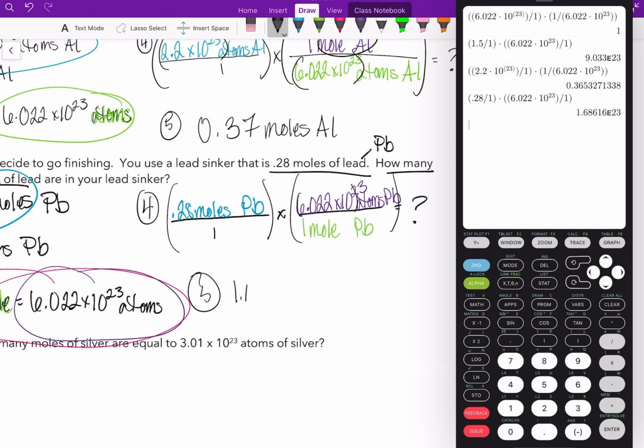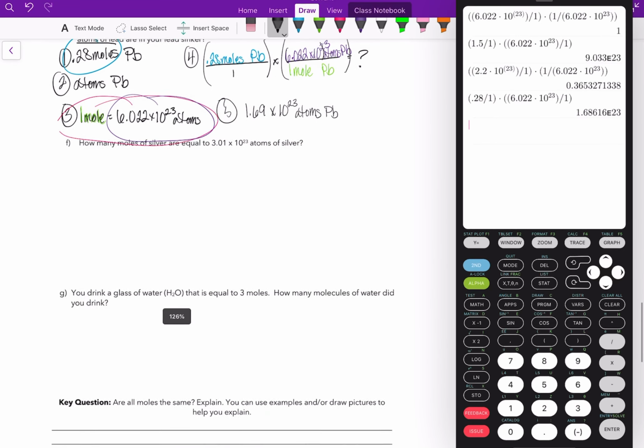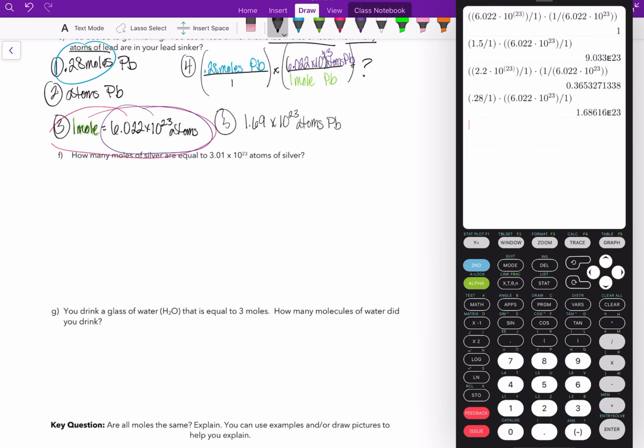So we'll do 1.69 times 10 to the 23rd atoms of lead, Pb. Okay, for the next 2 problems on here, pause the video and try the entire problem on your own, and then go back and check your work and see how you did.